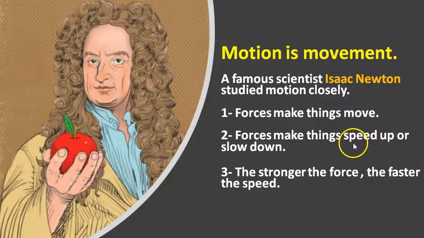Newton's second law states that when you push an object with more force, it will move faster and farther away. And number 3, the stronger the force, the faster the speed. The third law of motion states that for every action there is an equal and opposite reaction. Clear? Means the stronger the force, the faster the speed. Got my point?